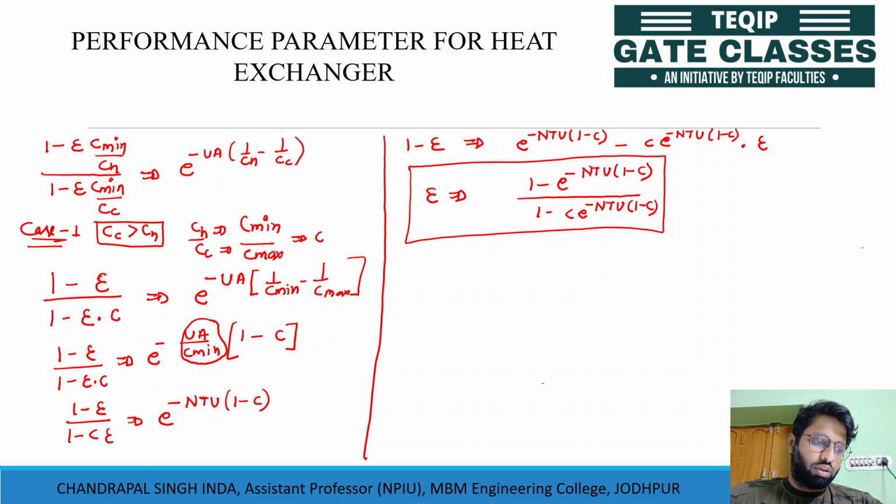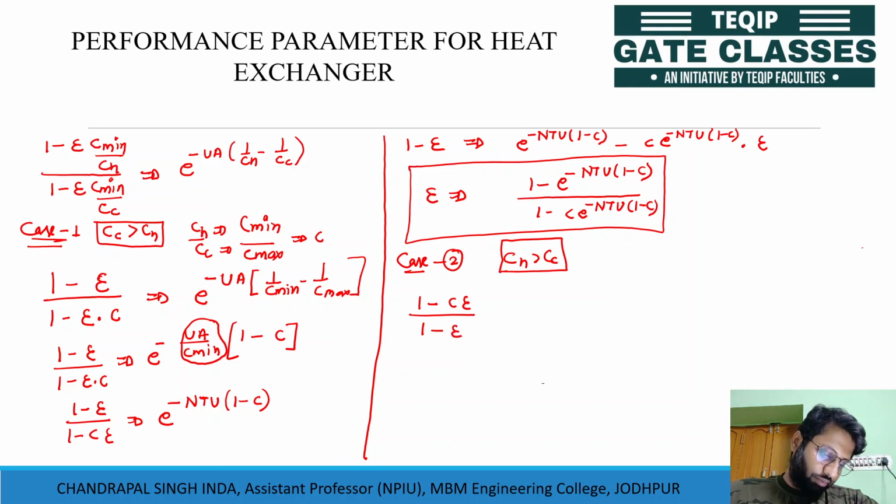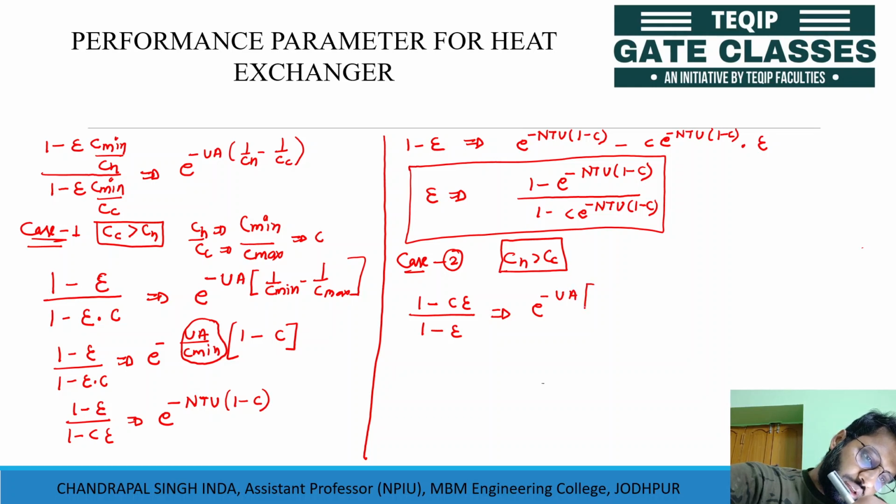So now in the second case, case number 2, in which we have Ch greater than Cc, then we will have (1 minus C times effectiveness) divided by (1 minus effectiveness), and this will be equal to the exponential of minus UA (1 by C max minus 1 by C minimum).